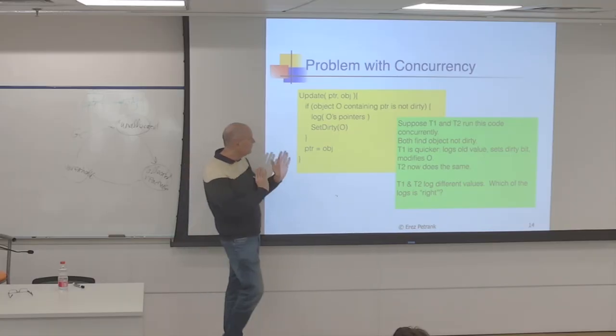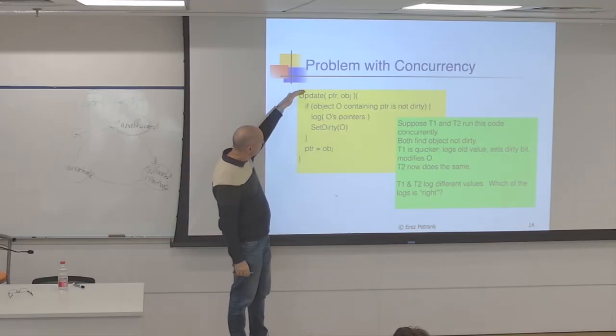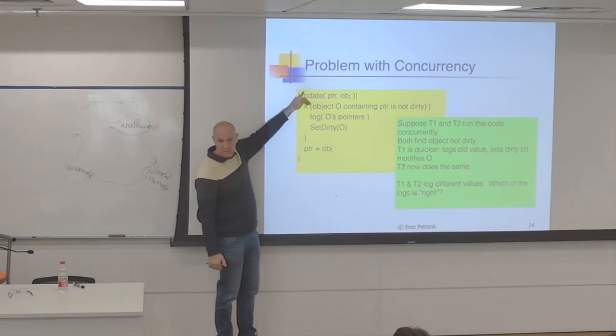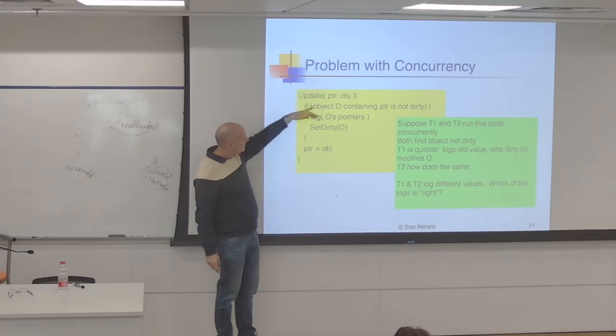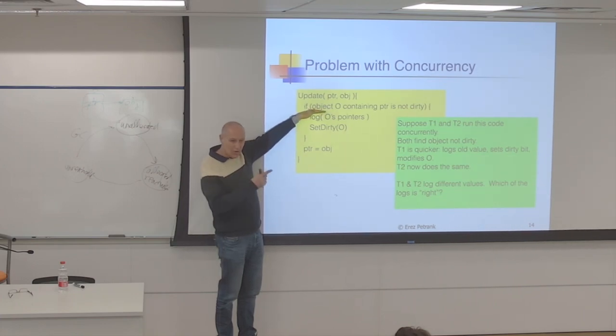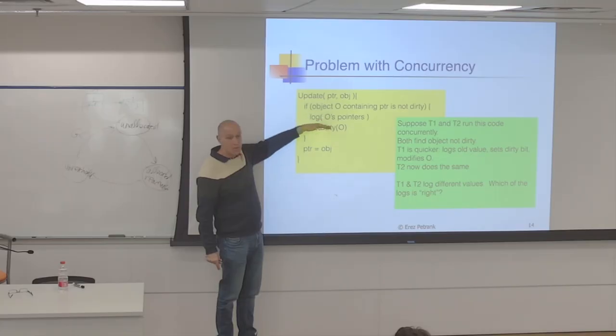So how can it happen? Suppose two threads come to update some pointer on this object, maybe the same pointer or two different pointers, and then they look at the object and discover that it was not yet copied. It's not dirty. Now they're here. Now they're going to log all the pointers in the object, but one of them is quicker. It logs the pointers, sets the dirty bit, and changes the object.